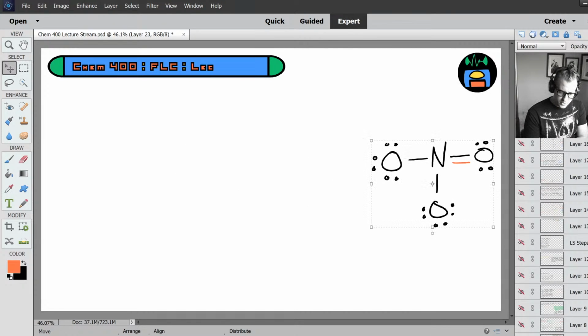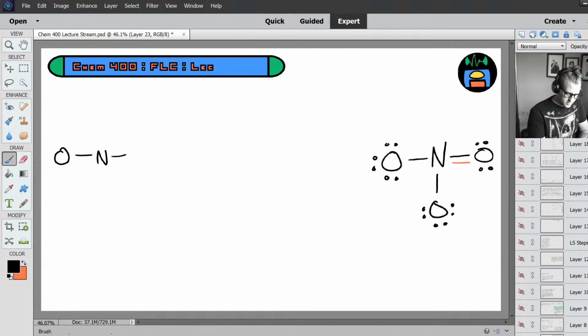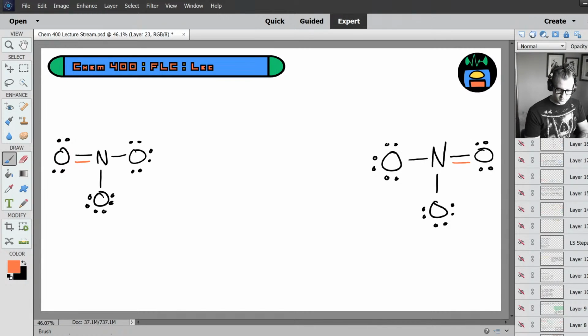But my question for you is, what would have happened if I had done the exact same thing for the oxygen on the very left? What if I had decided to take my 2 electrons from that oxygen instead? What if I had stolen them from right here and made a double bond like so?